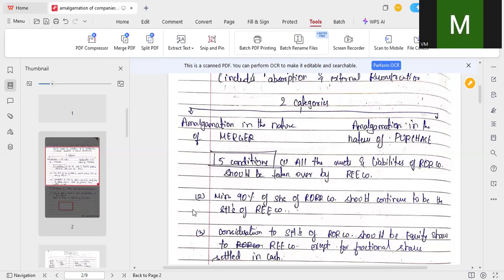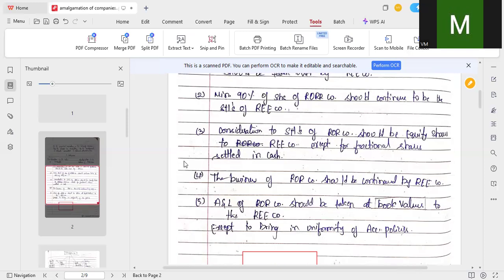The third point is consideration to shareholders of the transferor company. It should be given in equity shares by the transferee company, except for fractional shares settled in cash.